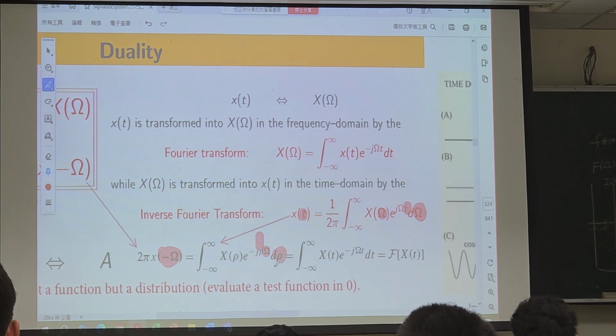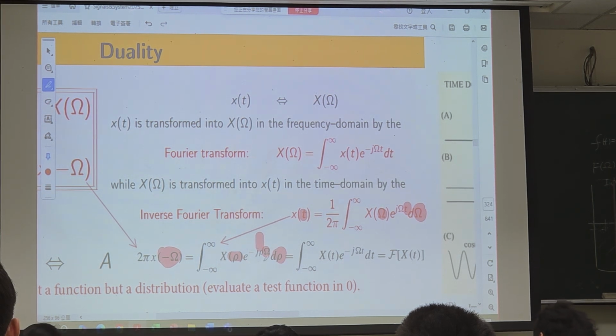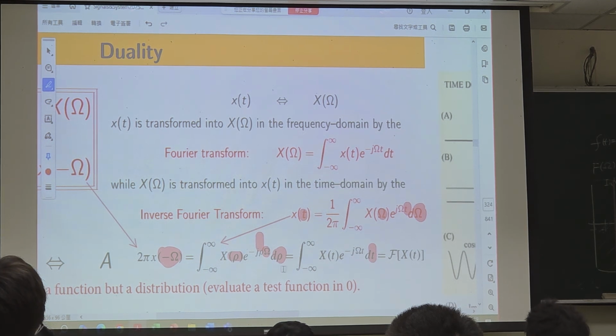It doesn't matter, it is just a dummy variable. And then I can also call it t eventually. So this rho is now replaced by t.